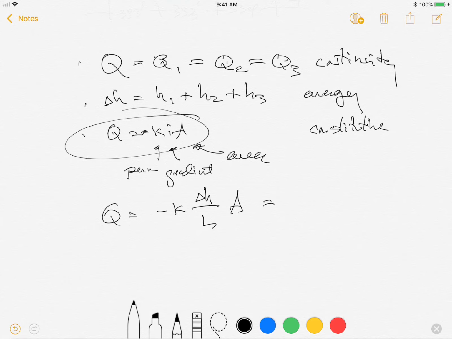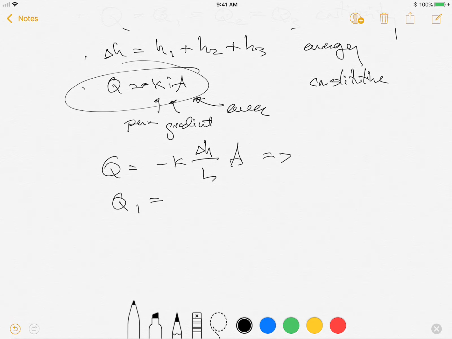So we could say Q1 is equal to negative K1 times delta H1 divided by L1 multiplied by area 1.